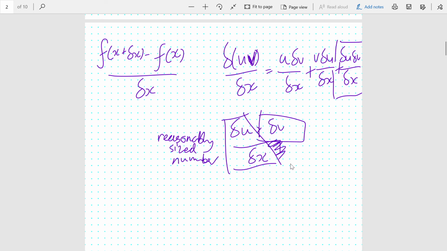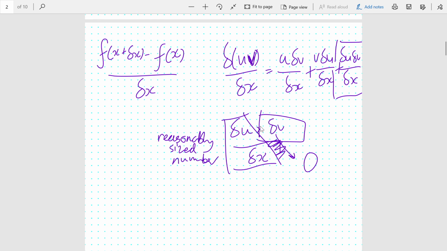And du by itself is not actually going to be any significant number when you're calculating d(uv) by dx. So since d means the infinitely small change, it just goes to 0. Whereas the other ones don't go to 0 because it's an infinitely small number divided by another infinitely small number, which makes a regular sized number.